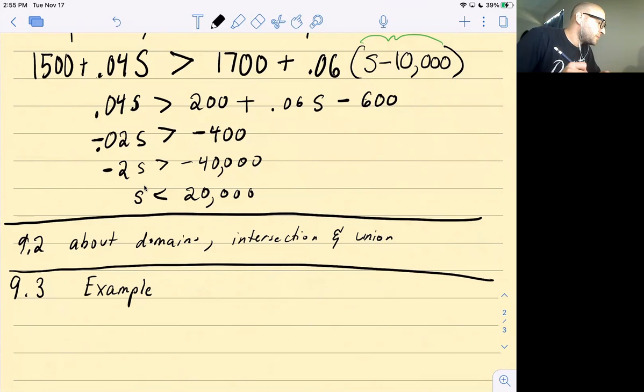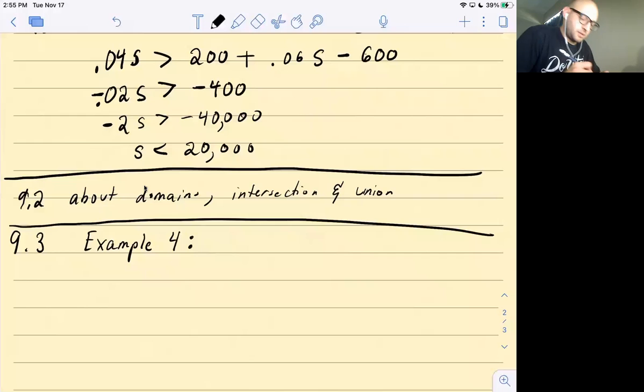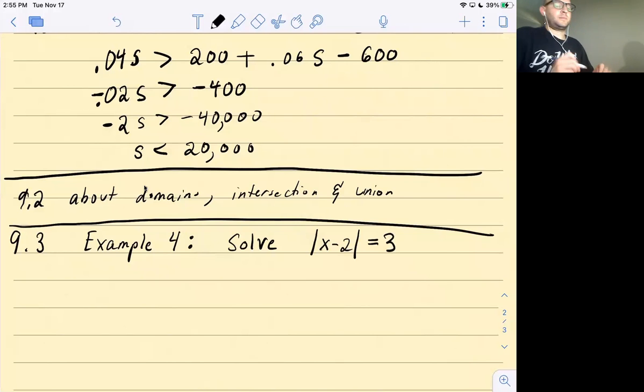Let's say example 4. So they say the following. Solve the absolute value of x minus 2 is equal to 3. So based on what we learned earlier, what do you guys think?